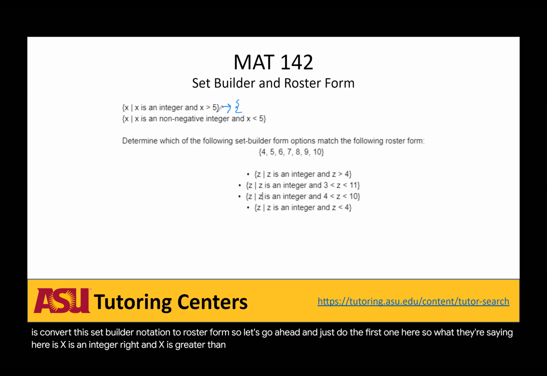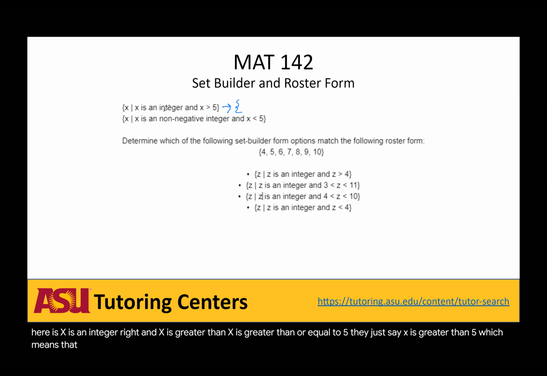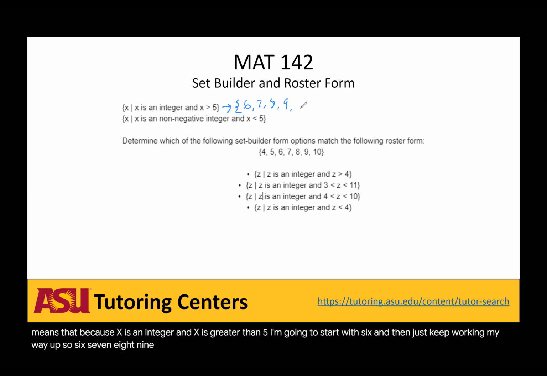Note that they don't say X is greater than or equal to 5. They just say X is greater than 5, which means that because X is an integer and X is greater than 5, I'm going to start with 6 and then just keep working my way up. So 6, 7, 8, 9, and then we can do some dots, and then that'll actually go on to infinity.